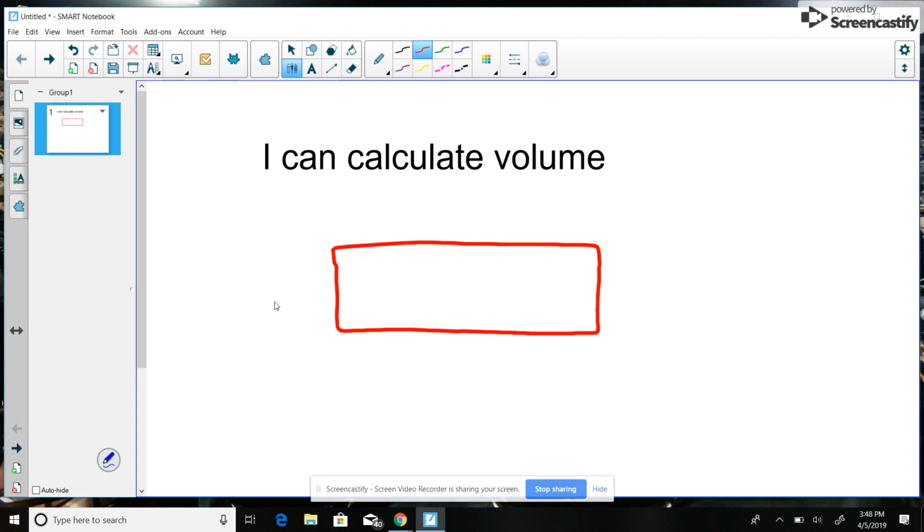My base layer here is made up of 8 cubes. We say base layer because it's our bottom.